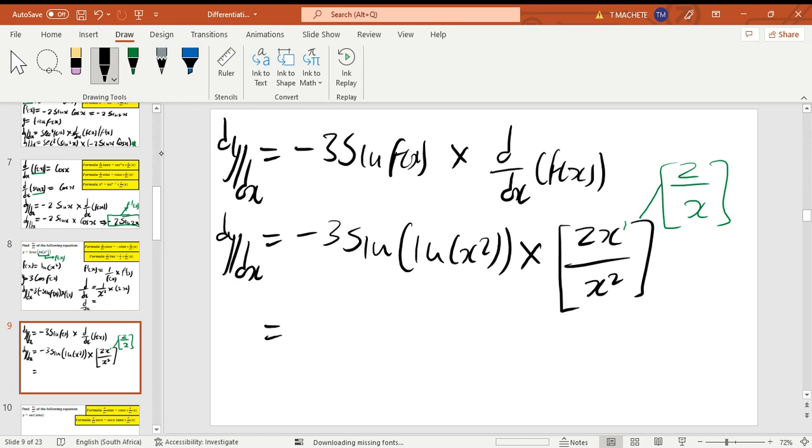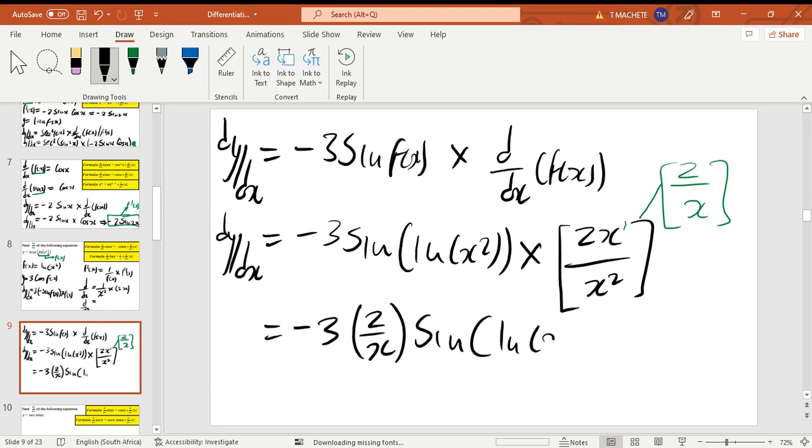So let's write it on the final answer. It's minus 3 open bracket 2 over x close bracket, sine ln x squared. Then obviously you're gonna have to multiply that minus 3 and 2.